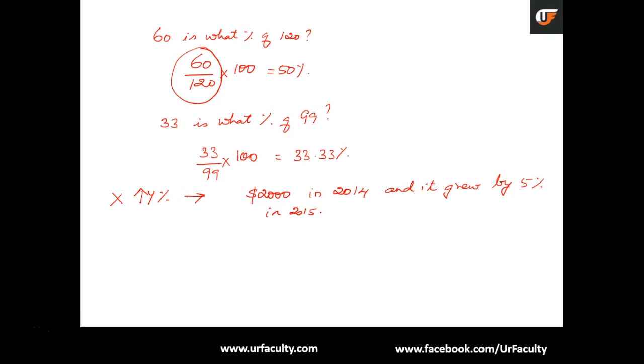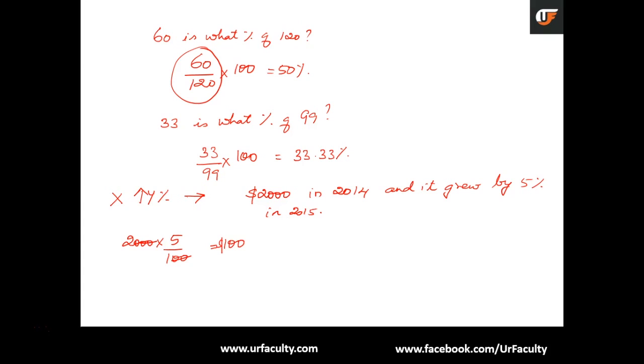The first step is to understand the increase, the value that has gone up. So let's say in this case, how do you start it? We'll go by 2000 into 5 by 100. And what does this give us? This gives us 100.